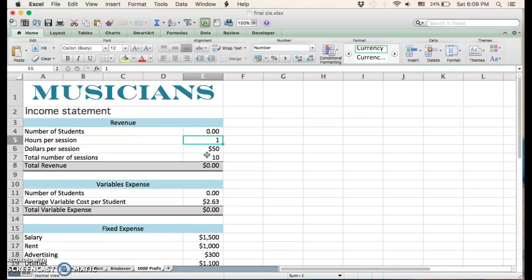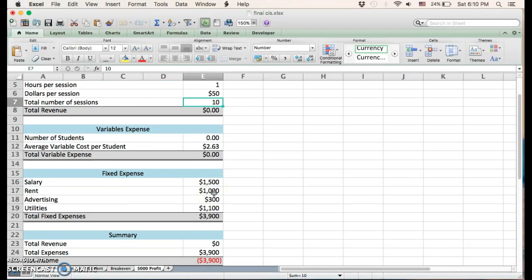So maybe students would come in for maybe 10 sessions or maybe 15. 10 sessions sounds like a good number. So the $50 per session will stay the same and hours per session stay the same. Everything else stays the same.